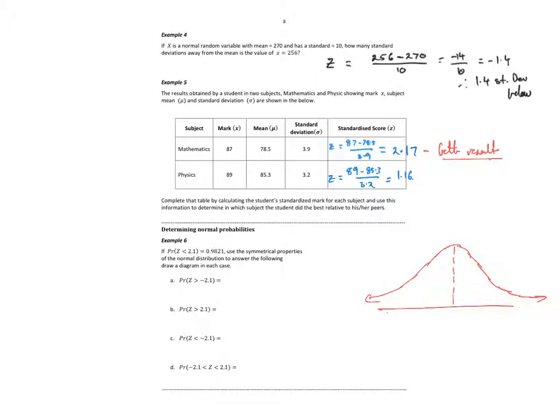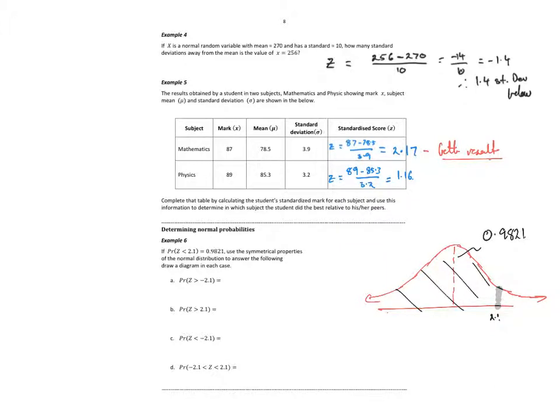It says the probability that Z is greater than negative 2.1. The probability that Z is less than 2.1 is 0.9821. So that makes all of that area there 0.9821.